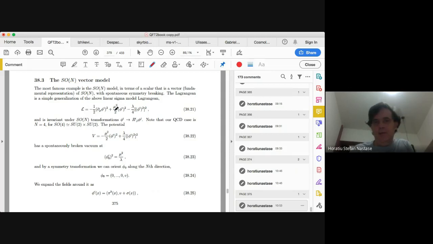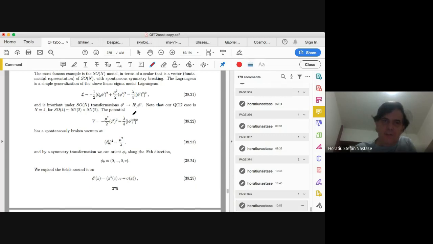So I have plus mu squared over 2 phi I squared, the mass term with negative mass squared, and for the lambda phi 4, I have minus lambda (phi I squared) squared divided by 4. That's invariant under SO(N) rotation of the index I, so phi I going to R_ij phi j.